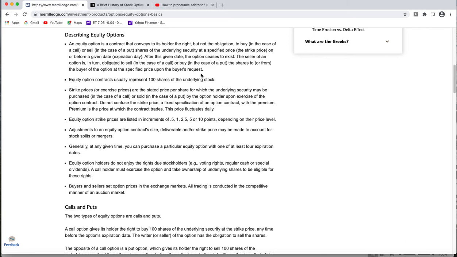So you can be exercised early. It's called exercise. Equity option contracts usually represent 100 shares of the underlying stock. Remember, we discussed that previously. Strike price or exercise price is the stated price per share at which the underlying security may be purchased, in the case of a call, or sold, in the case of a put.